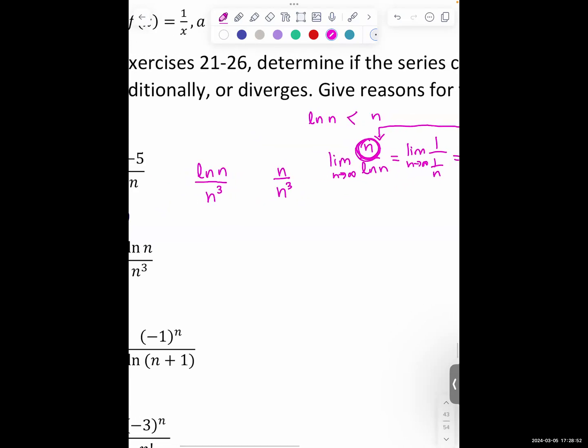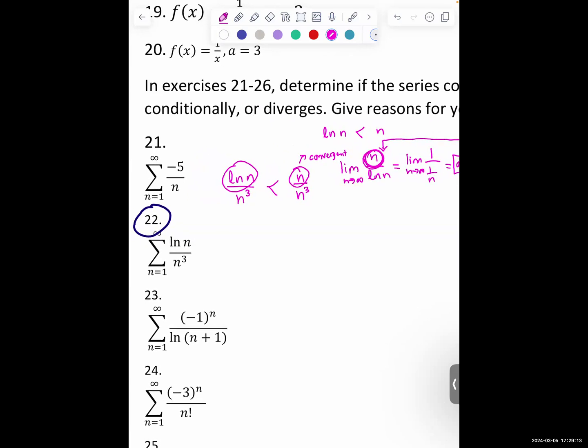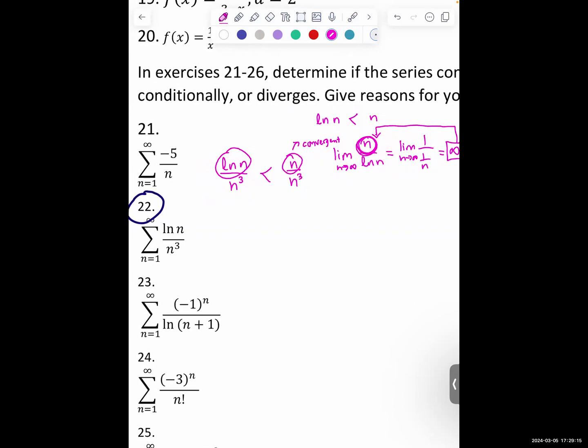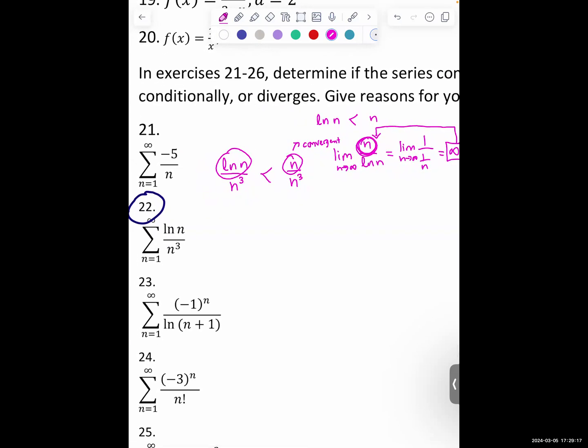Since I know that n is greater than ln of n from all the work I did on the right to verify, and that n over n cubed results in 1 over n squared, which is convergent, then the series I'm comparing it to must also be convergent by DCT. So it's a trickier one because it wasn't immediately apparent with the 1 over n cubed.